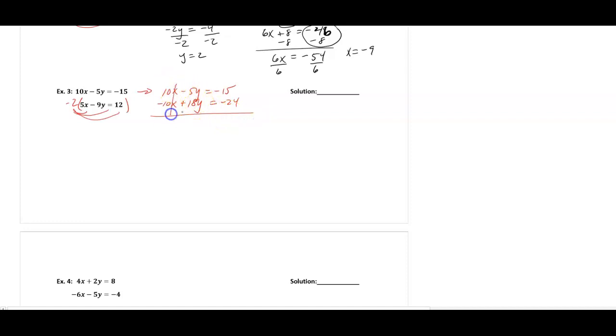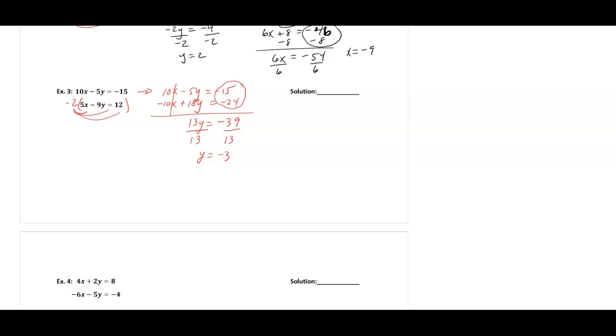Now, the x's eliminate. Negative 5y plus 18y gives me 13y equals negative 15 minus 24, which is negative 39. And when I divide by 13, y is equal to negative 3.